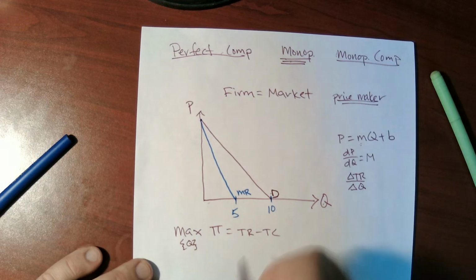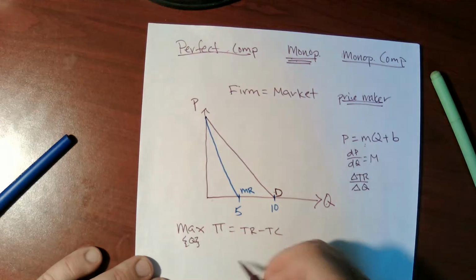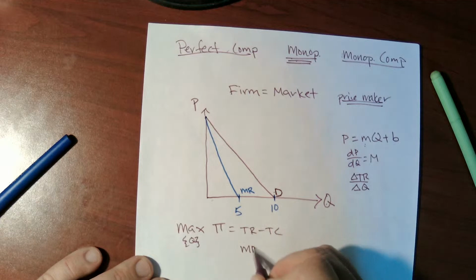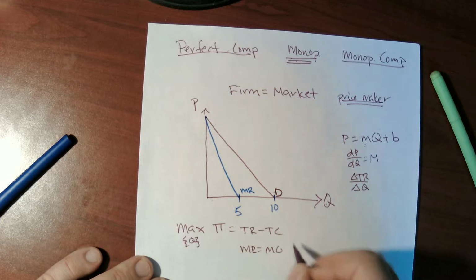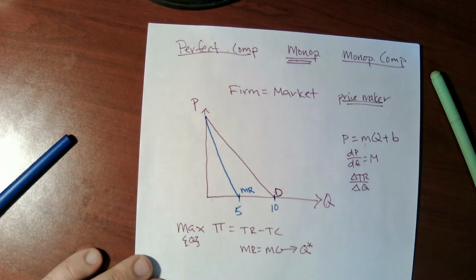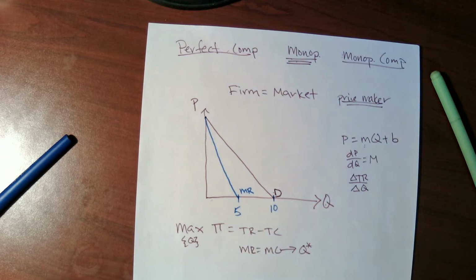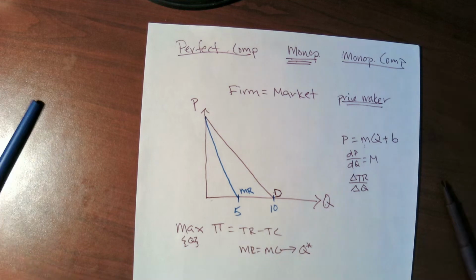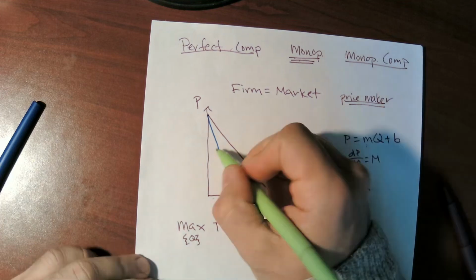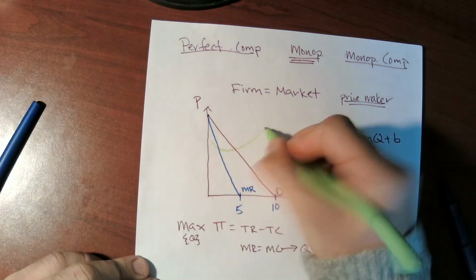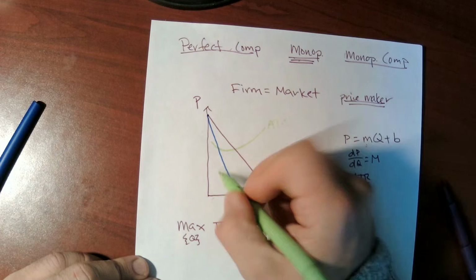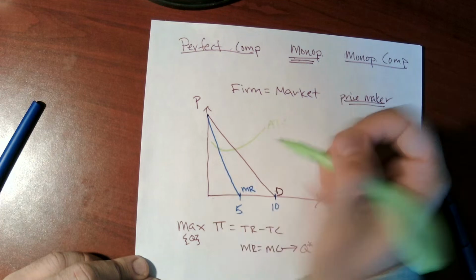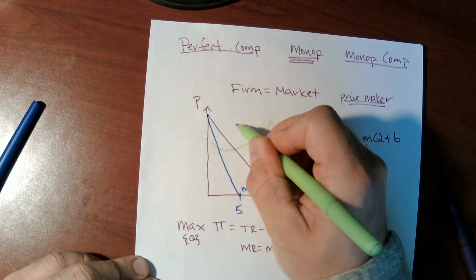And there is an optimal condition: where marginal revenue equals marginal cost is associated with one and only one Q. This is the story in perfect competition. It's the same story here. And so we need to draw some cost curves onto this. So we could have average total cost and marginal cost.